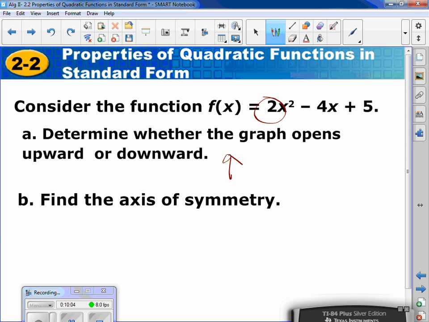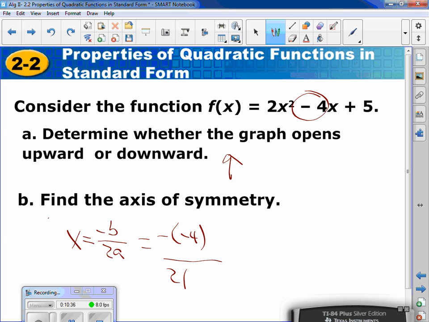The axis of symmetry, we already said what the shortcut is. X equals negative b over 2a, correct? Because I did all the rearranging with the letters, I have negative. What's your b? Your b is negative 4. So I have negative negative 4, over 2 times, what's your a value?